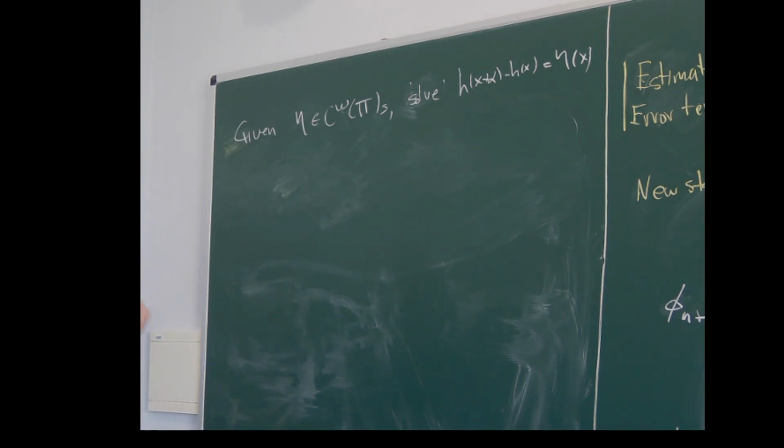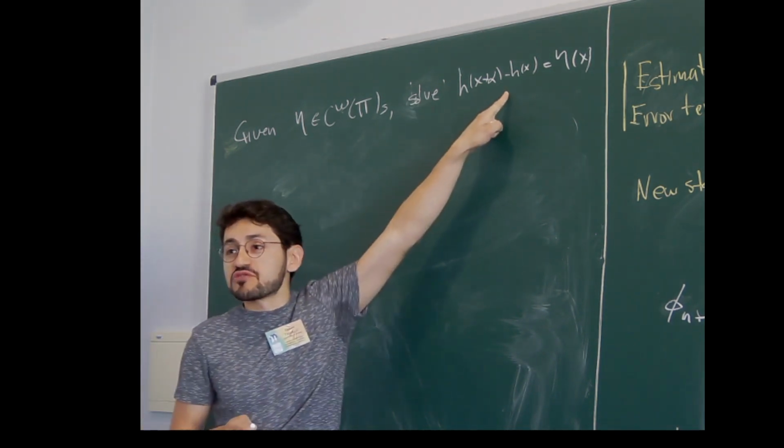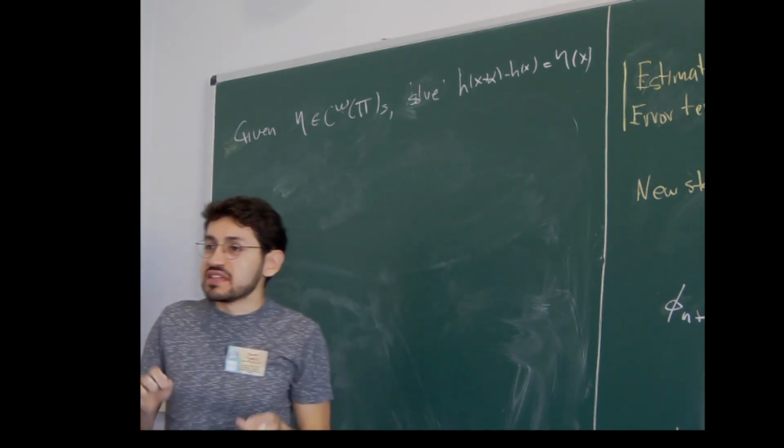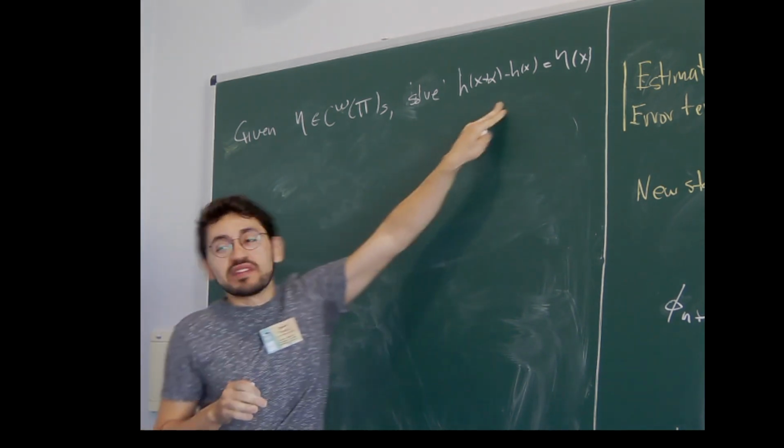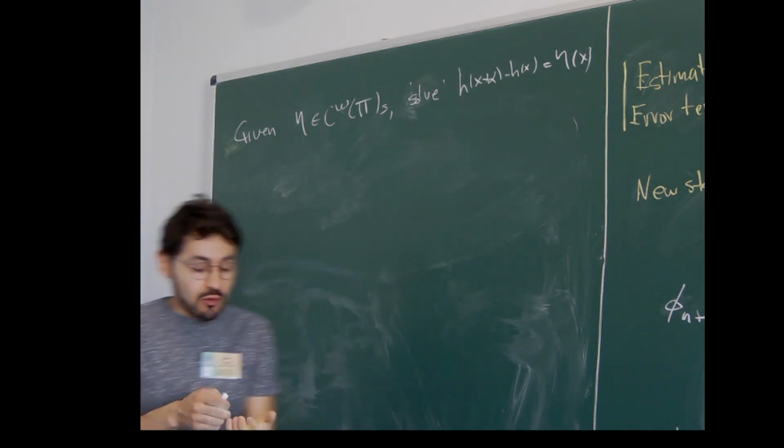And since I am in the circle, I have very powerful tools. I can express this in its Fourier coefficients, and I can find an explicit expression for this. So this equation, at least what should be the solution, will be explicit right away.